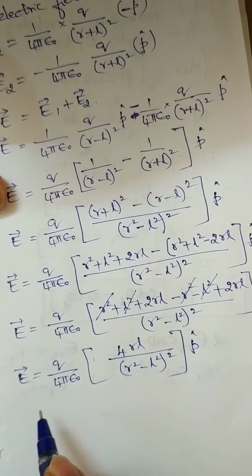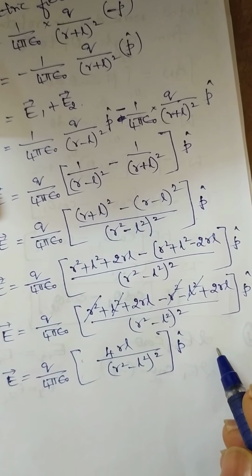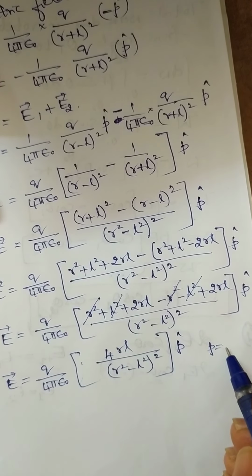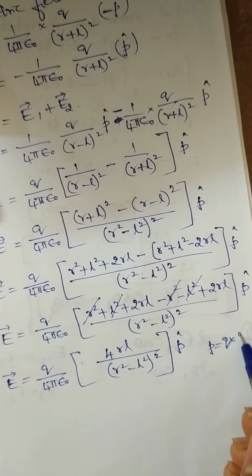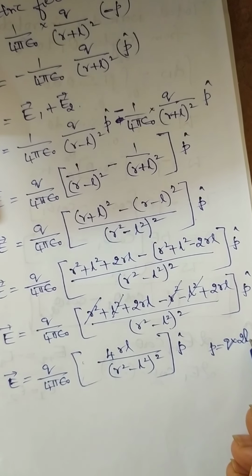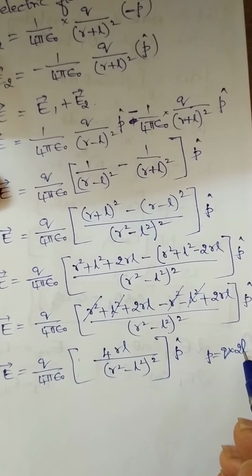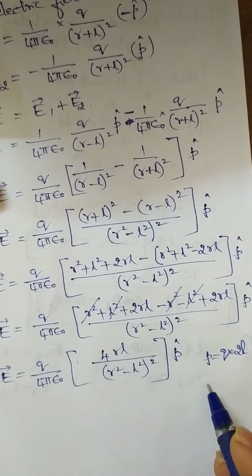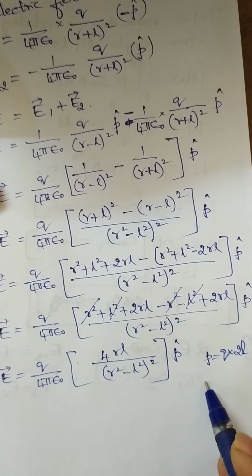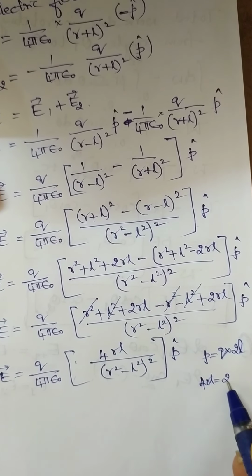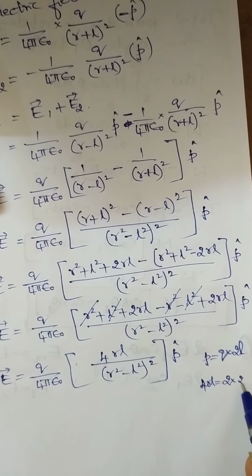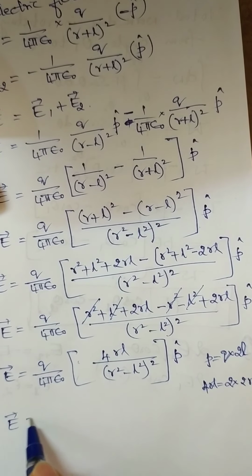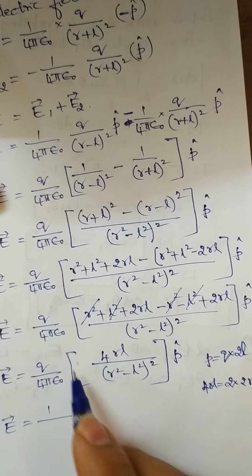As we know, what is the dipole moment, how are we going to write it? We are going to write the dipole moment as p is equal to q into 2l, right? So now this 4 can be written as 2 into 2. So 4rl can be written as 2 into 2rl. Okay, so what I am going to do is vector E is equal to, I will take this q on this side.